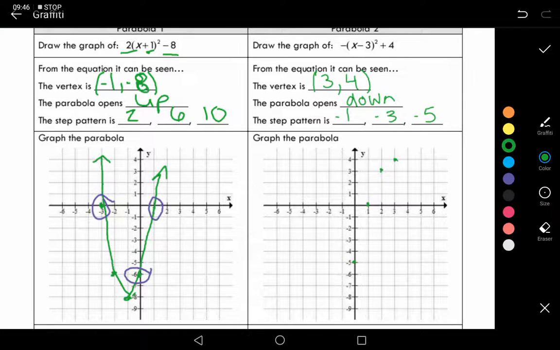Okay, I'm going to do the same thing on the right-hand side. Over 1, down 1, over 1, down 3, over 1, down 5. Once I have those points, I'm simply going to connect them with our curved parabola line. Okay, so it will look something like that.